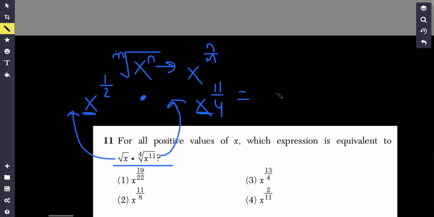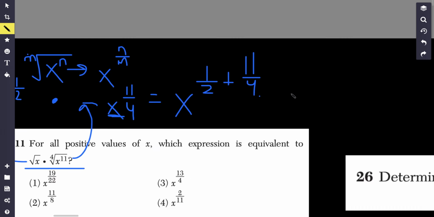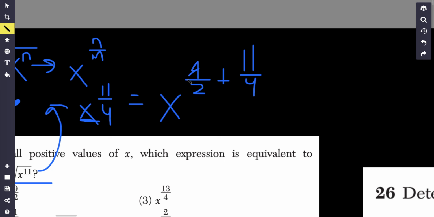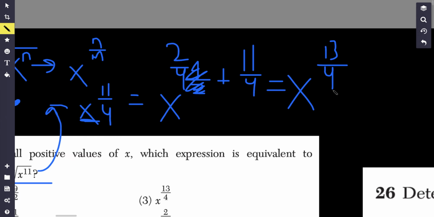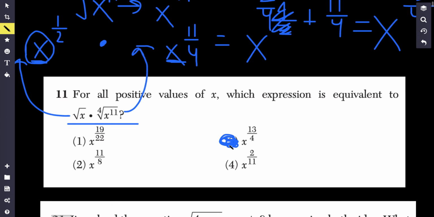So all of this is going to be equal to x to the 1/2 plus 11 over 4. We keep the base, but we add up the exponents. In this case, 1/2 plus 11 over 4, I can rewrite 1/2 as 2 over 4, so we have a common denominator. So 2 over 4 plus 11 over 4 is x to the 13 over 4. And that's going to be our answer.